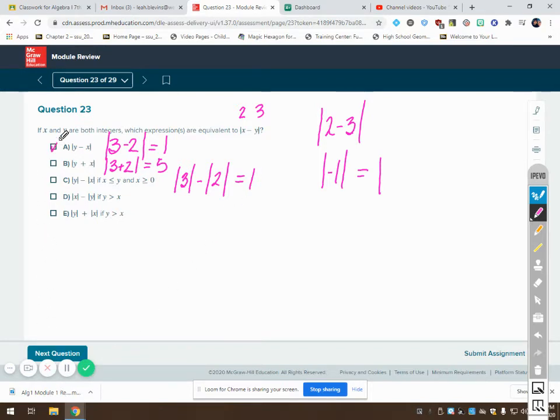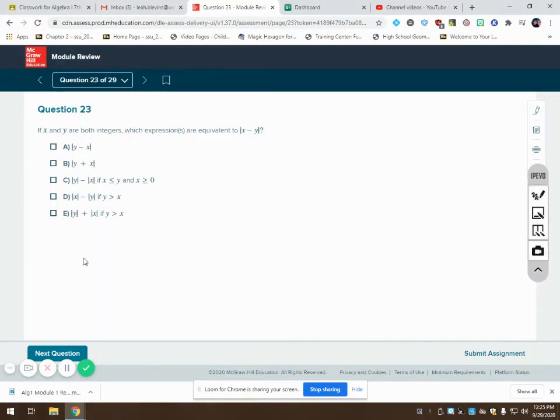So far, A is true, C is true. We're looking at the absolute value of 2 minus the absolute value of 3. Well, 2 take away 3 is negative 1, so that doesn't work. And then the last one, the absolute value of 3 plus the absolute value of 2 gives me 5, so that one doesn't work. So A and C are my correct answers.